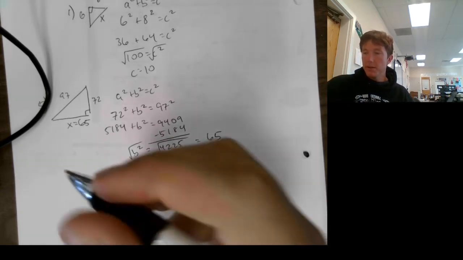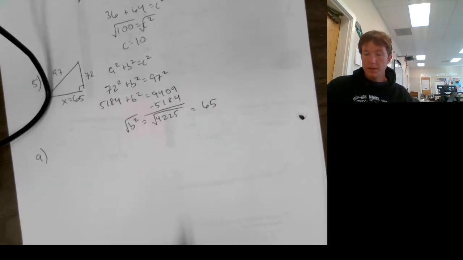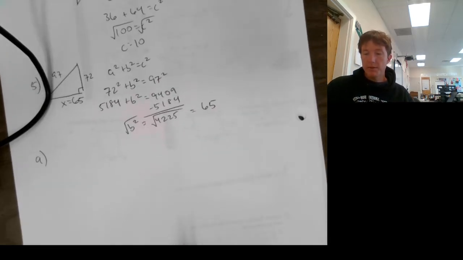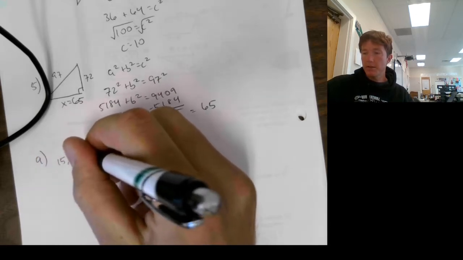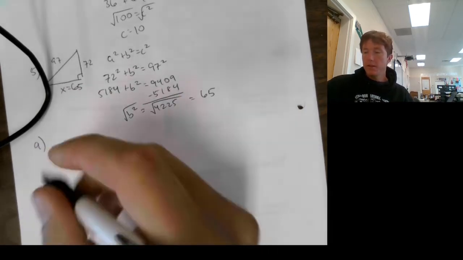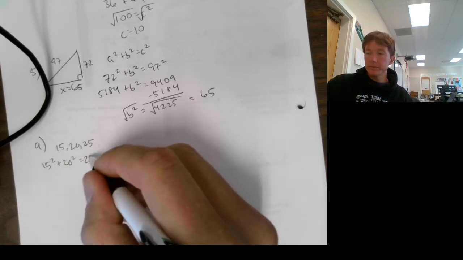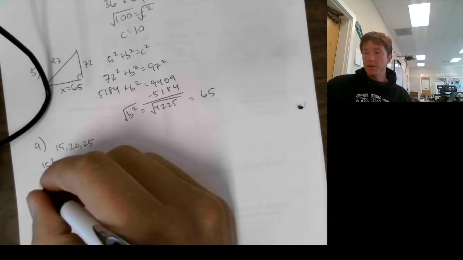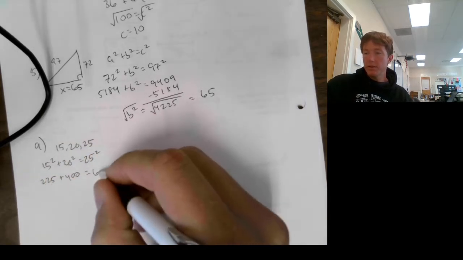Alright, number 9. Okay, does each set of numbers form a Pythagorean triple? Explain. The numbers are 15, 20, and 25. The way to do these, you just run them through the Pythagorean theorem. This will be 225 plus 400 equals 625.